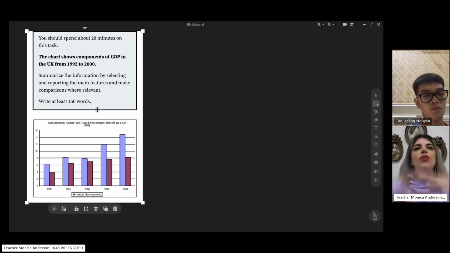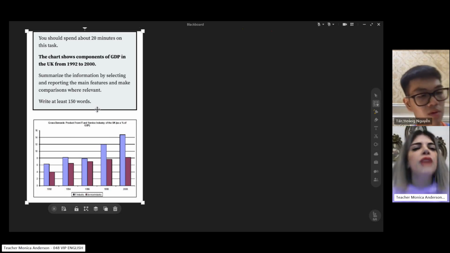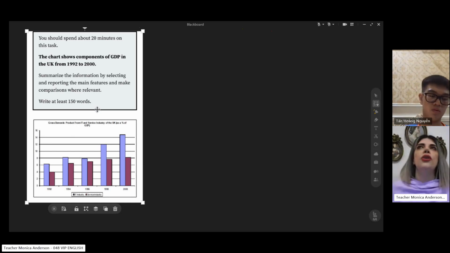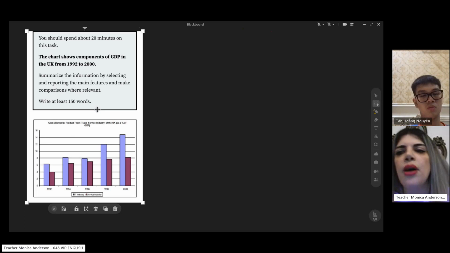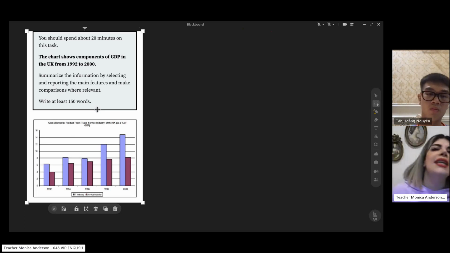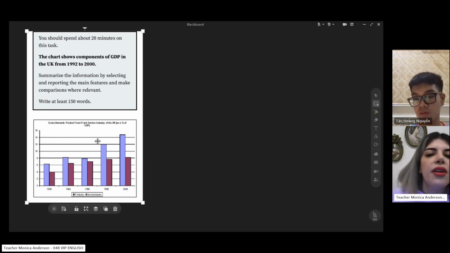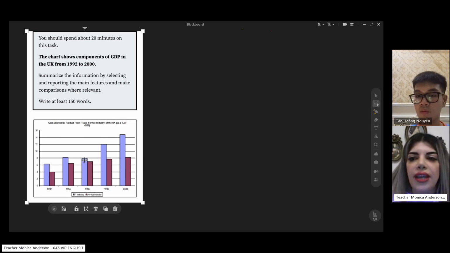For the overview, the most common phrases are overall, as can be seen, for example, from the bar chart, or it can be seen that both.